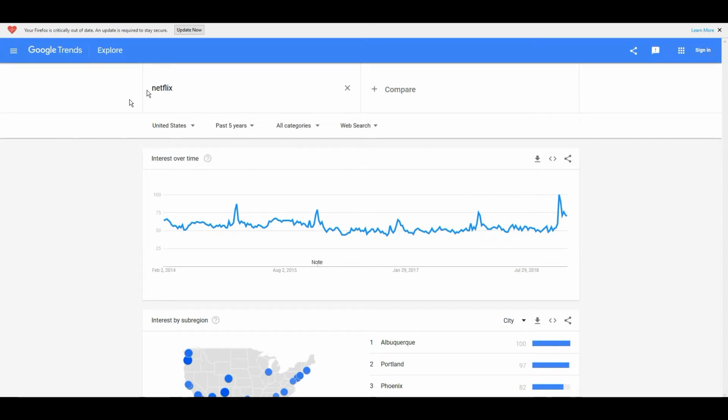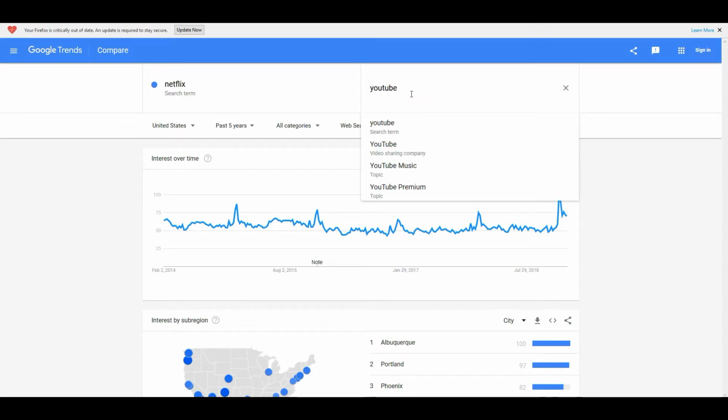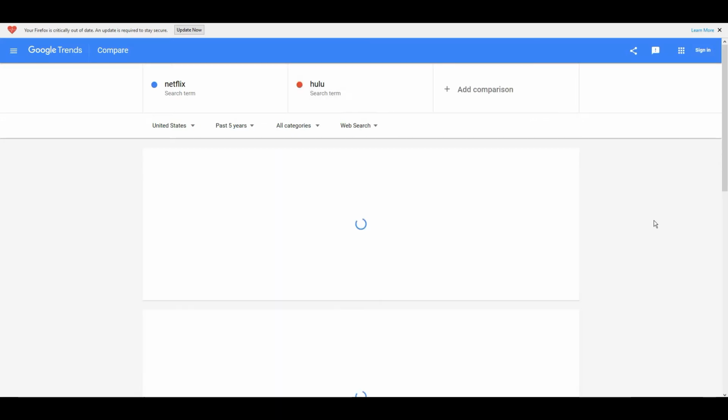Oh, and then you can also compare terms. So I could compare Netflix to, I'm going to compare a search term to YouTube, right? Or Hulu, actually. Let me do Hulu. And that's going to show the graphs side by side. It'll show the popularity and interest over time, right?